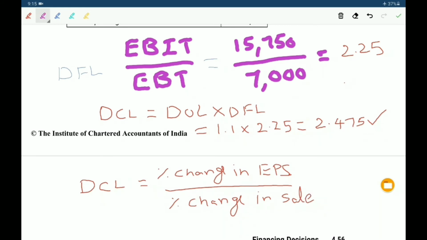Now we have two values. One is the percentage change in sales, which is given in the problem as 5%, and also the degree of combined leverage.